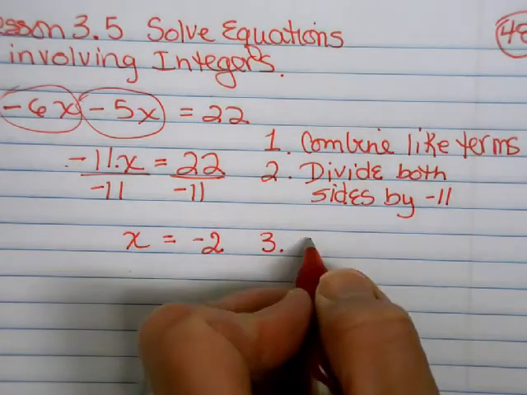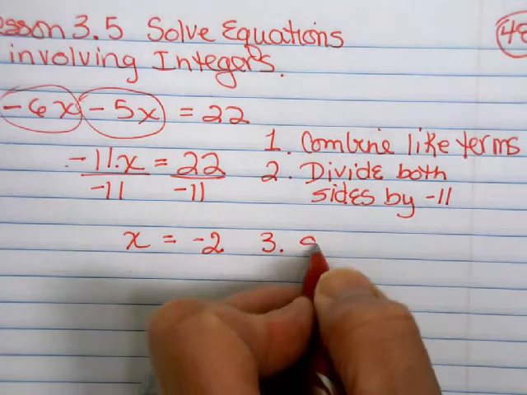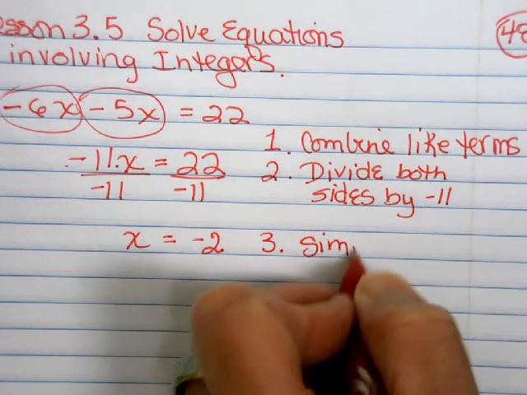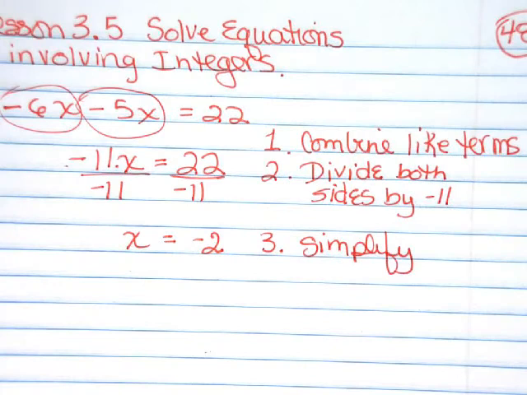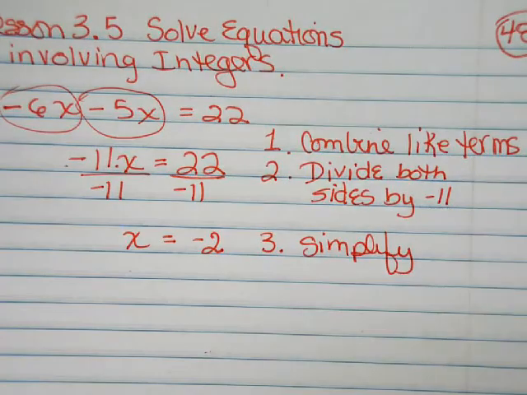And number 3, evaluate or simplify, maybe? Now you can put your answer in the original question to check it, but I'm not going to take the time to do that. If you want to do that, like for your tests or whatever, you could do that. Otherwise, I think we're good.